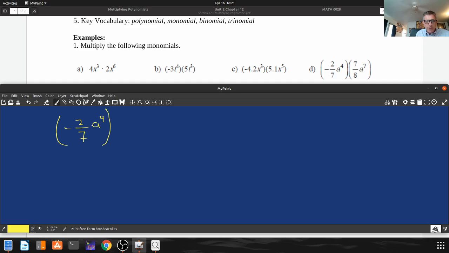So that's a monomial in the variable a, times 7/8 times a to the 7th. So again, I just multiply the coefficients together. And then I multiply the variable terms.